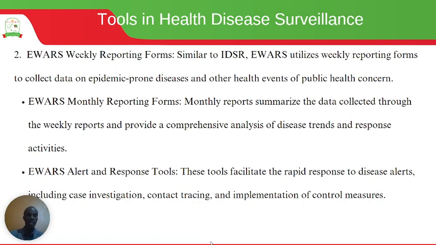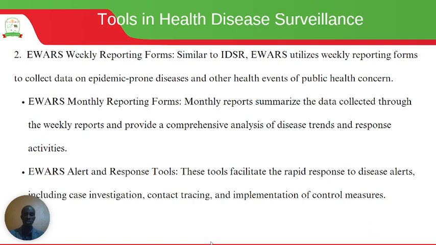And then the alert and response tool facilitates the rapid response to the disease alerts, including the case investigation, where you're going to look at how the case presents, where it is, which population is affected, and then you want to do contact tracing of those people who have been in contact with the people who already have that disease.